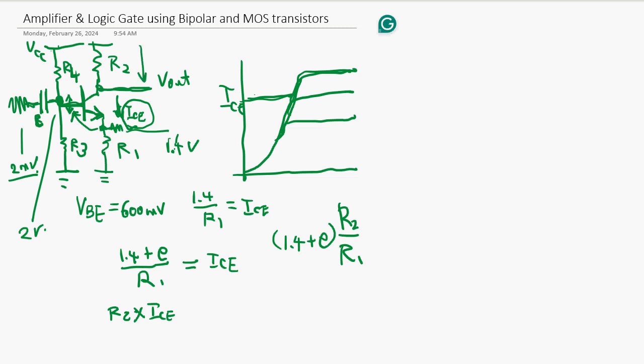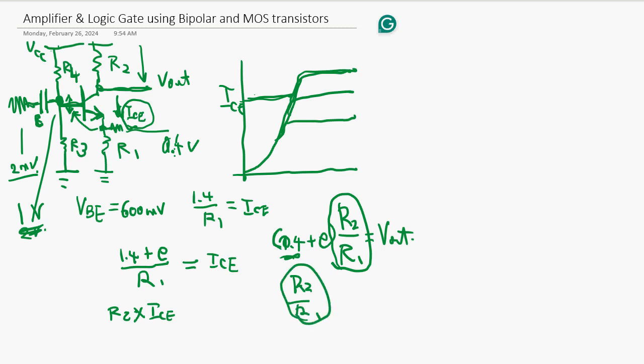This is the voltage, right? So the output voltage Vout is going to be the ratio of this, and this determines the DC point, 1.4 times the ratio. Say R2 over R1 is, say, 1 volt, then it's going to be 0.4 volt, and the R2 to R1 ratio is going to determine the voltage here.